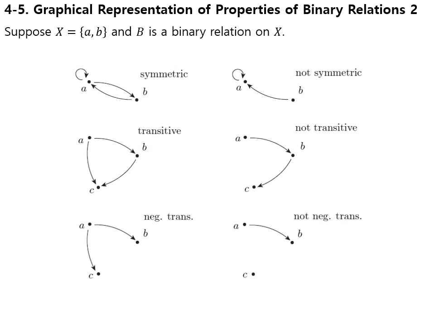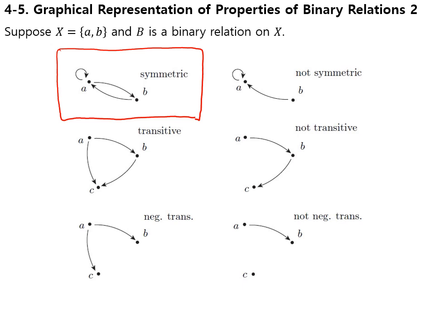Okay, so let us consider more binary relations. Again, suppose that the set X consists of two elements, A and B, and let R be a binary relation defined on set X. Okay, so here are some more pictures. So consider the first picture on the top left. This picture basically represents a binary relation that is symmetric.